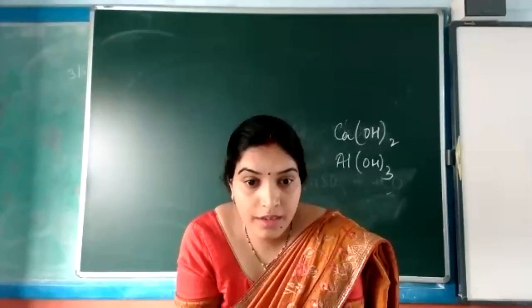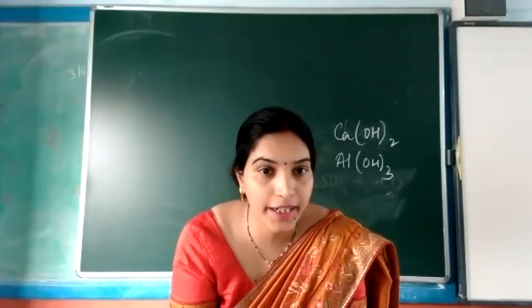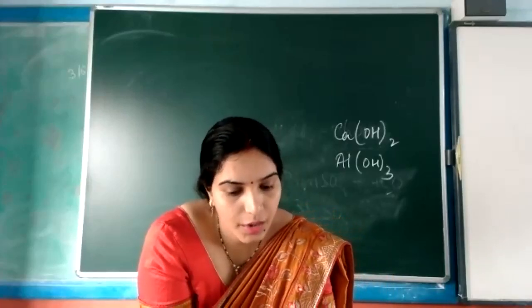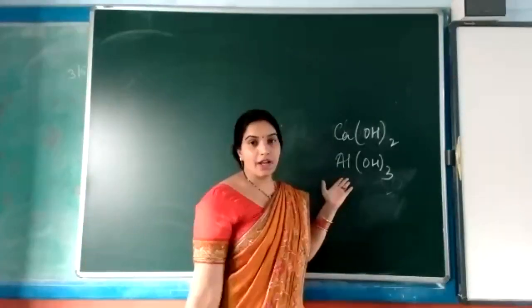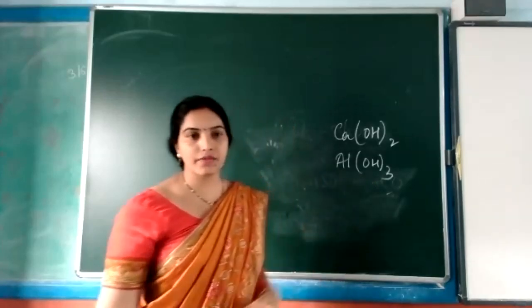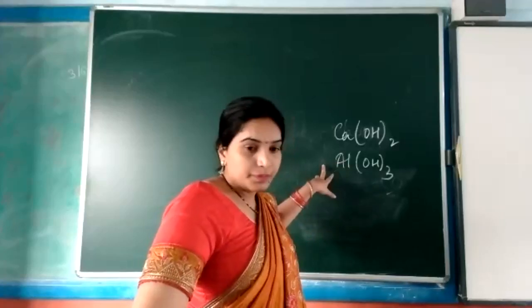How? Because we write the configuration 2, 8, 8, 2, outermost shell only 2 electrons, so it definitely has a tendency to lose. Okay. Same thing with aluminium also, the valency of aluminium is 3. So 3 OH ions are attached with aluminium.